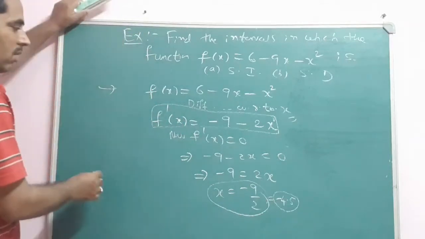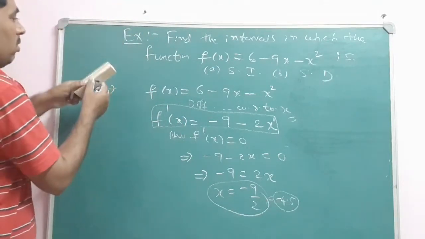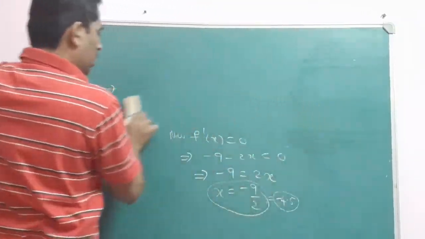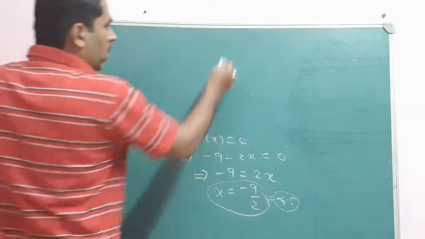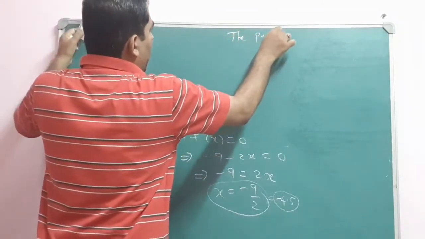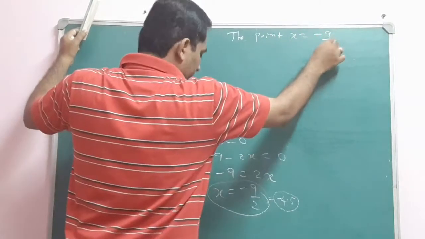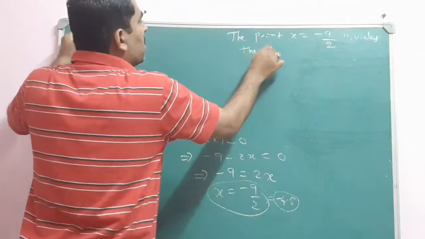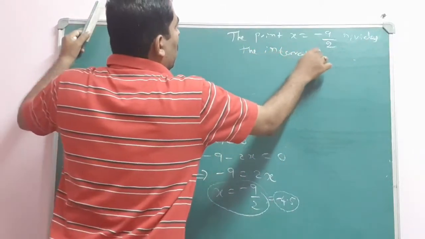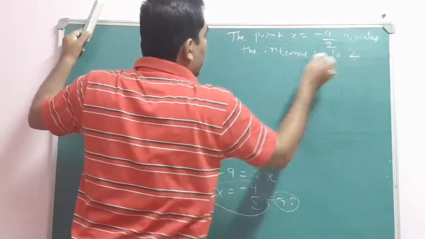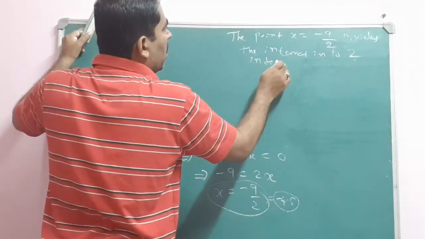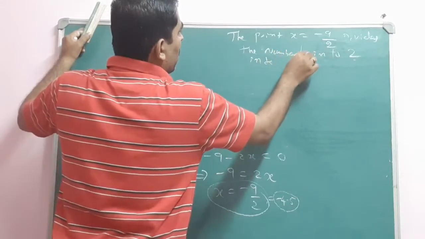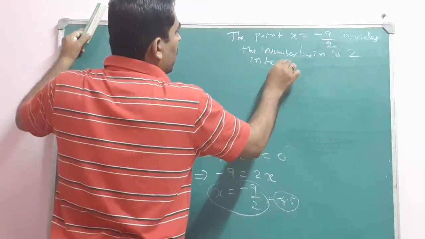See the point x is equal to minus 9 by 2. Since only 1 point is there, it divides the number line into 2 intervals.